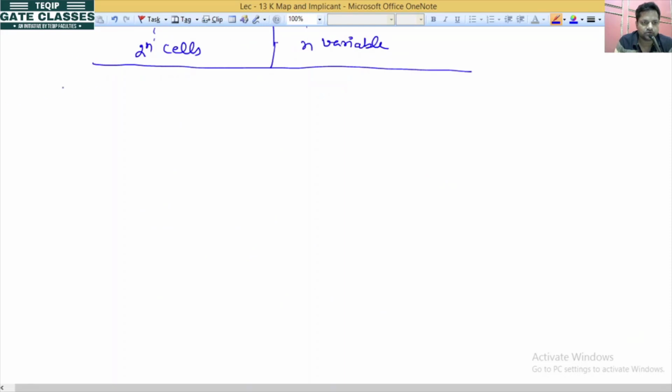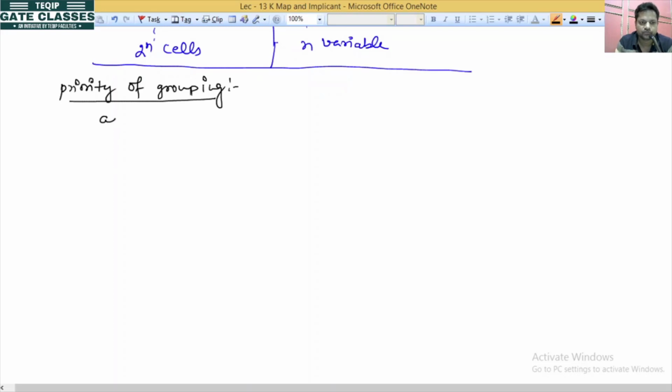Now we study the priority of grouping. How will we do grouping, on which basis do we perform grouping? So we write priority of grouping. In priority of grouping, we will first try if all the cells can be grouped together, then go for that.